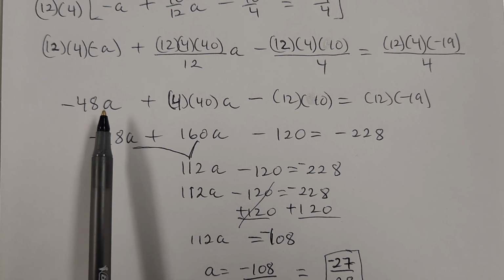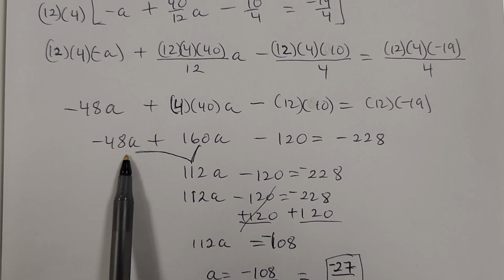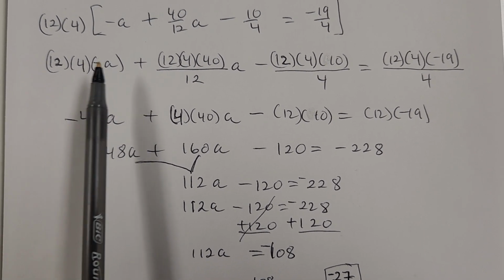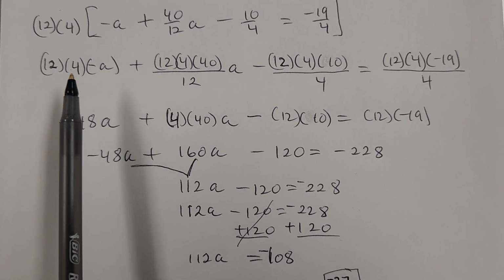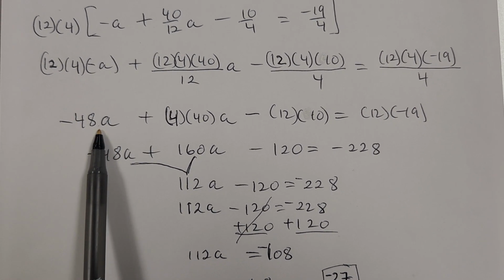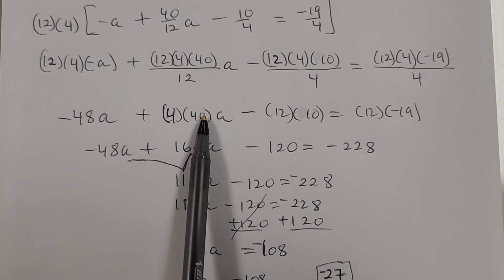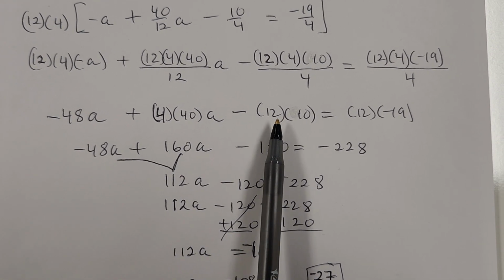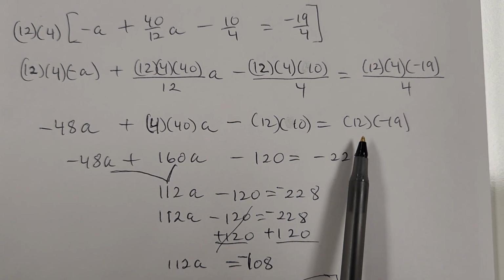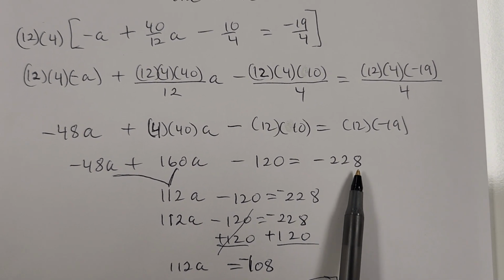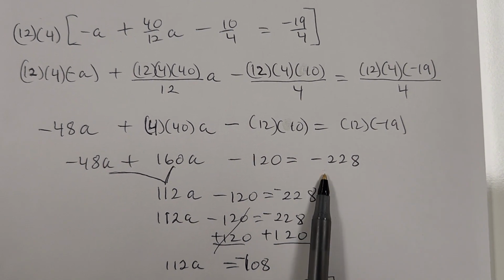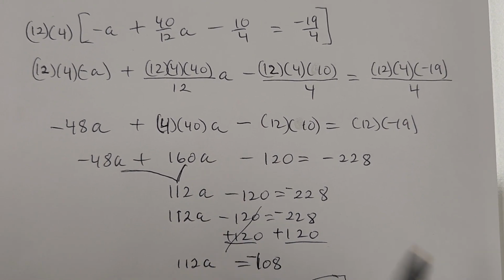And this negative 48, I haven't done anything to it, so I bring it down. Again, this right here, there was no canceling, so I just multiply. 4 times 40 is 160. 12 times 10 is 120. 12 times 19 is 228. Again, don't forget the negative, and there's a negative here.